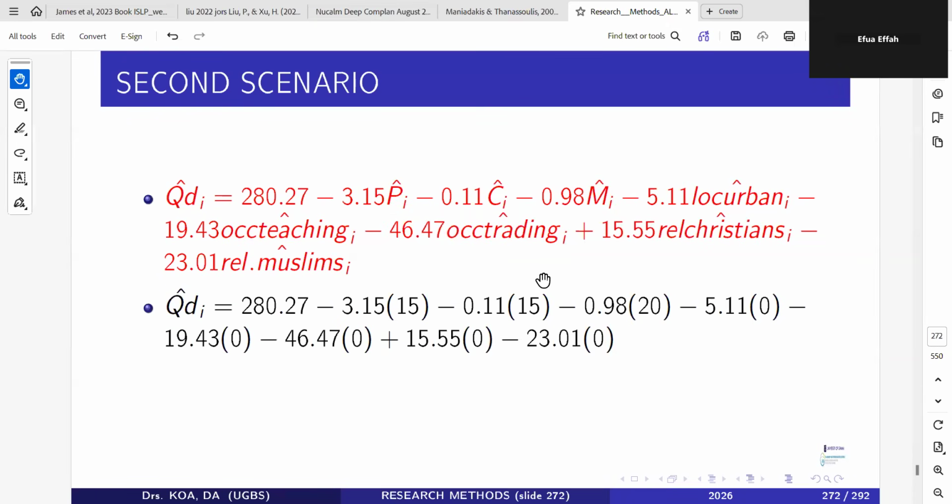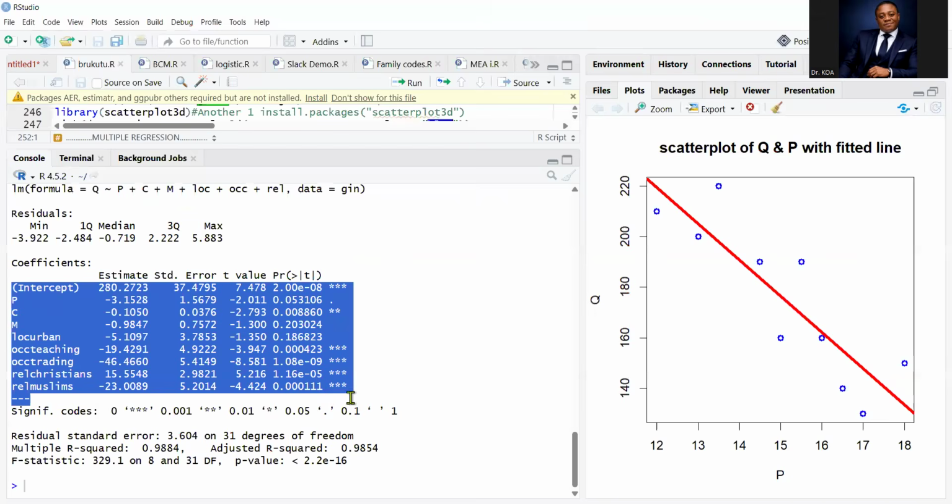I was expecting to see the Buddhist. Am I lost? No, Buddhist is not here because we said Buddhist is a reference category. We wrote this by looking at the regression, and you can see that Buddhist was never given because Buddhist was a reference category among the religions.